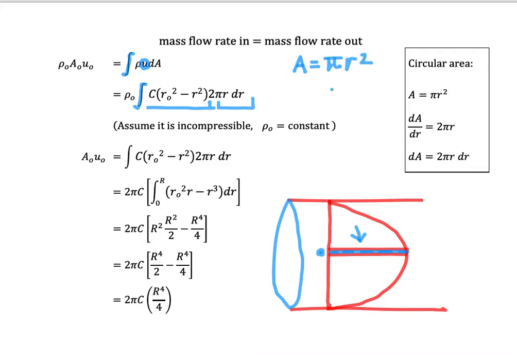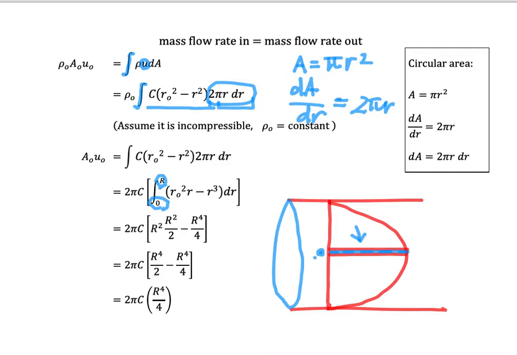If we take dA over dr, we have 2 pi r, and then dA is 2 pi r dr. That is where these terms come from. Then we integrate with dr.